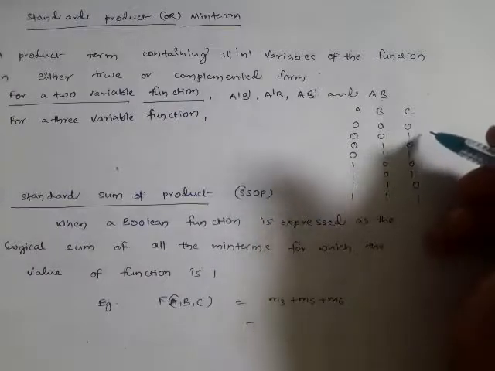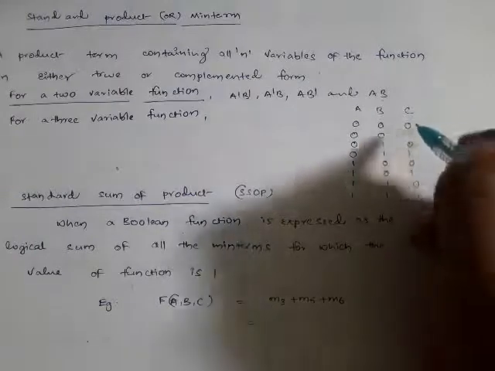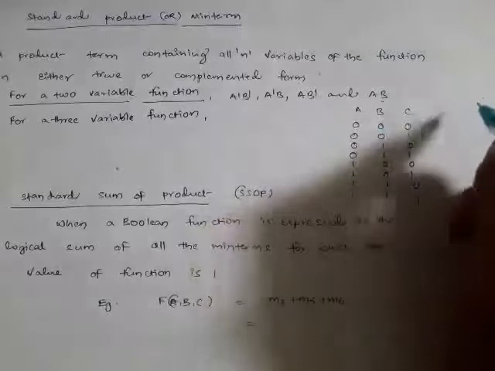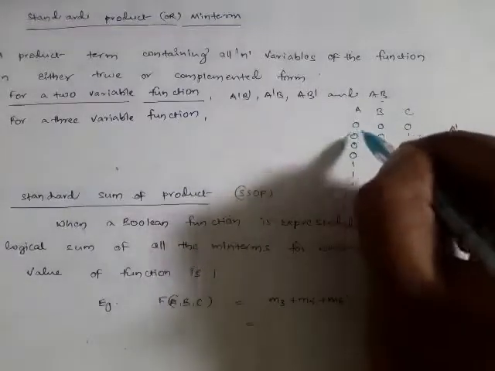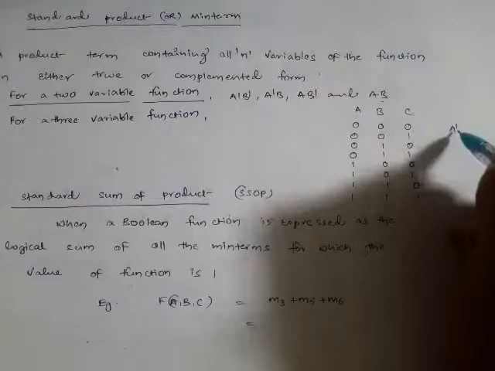And how to write minterms for each of these combinations? When a particular variable assumes a value 0, then in the minterm it should be written in its complement form. So here A assumes 0, so A must be written as A bar.